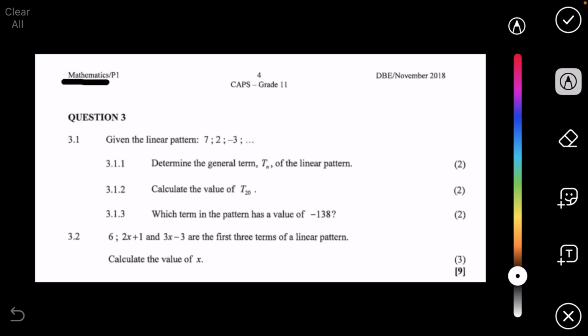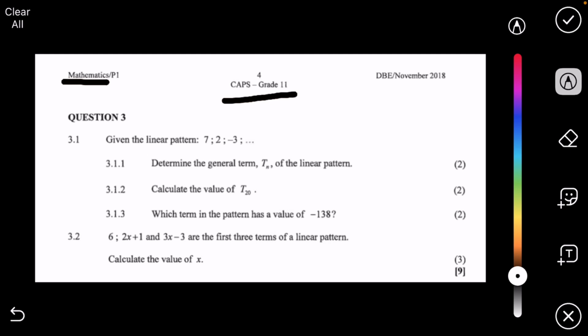Ladies and gentlemen, we'll be looking at mathematics paper 1, which is KEBS grade 11. This is just a warm-up to introduce you to this chapter of sequences and series.